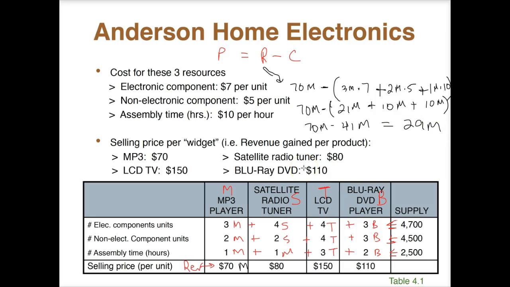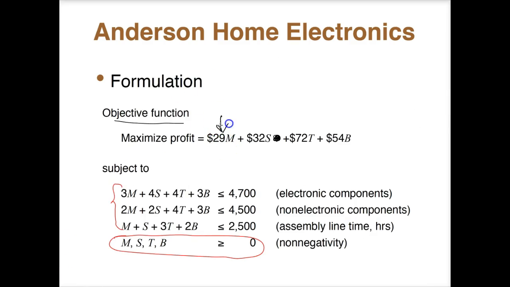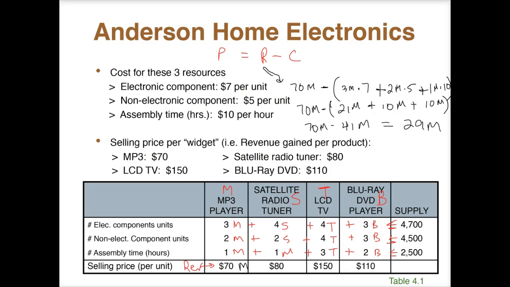So that's how we actually come up with, go to the next slide here, the 29M for the amount of profit that we receive off of each MP3 player. Now, of course, if we did the same thing for the rest of these, we'll see that we get 32, 72, and 54 respectively. So I'll do one more just to make sure that we get it here.